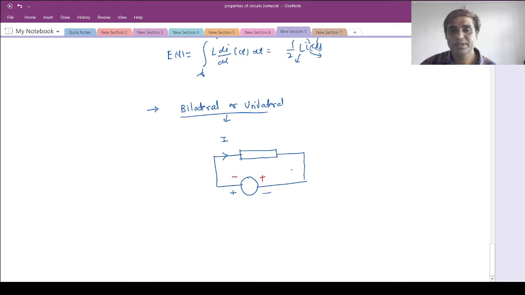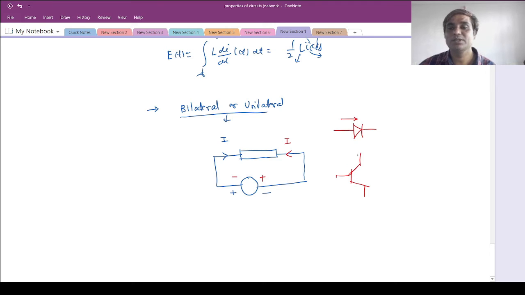The same amount of current will flow in this case. So if an element satisfies this property, then that element will be a bilateral element. R, L, C will be bilateral elements. Whereas the diode allows the current only in one direction, that is, it is unilateral. And the transistor is not a two-terminal element, basically it is a three-terminal element.